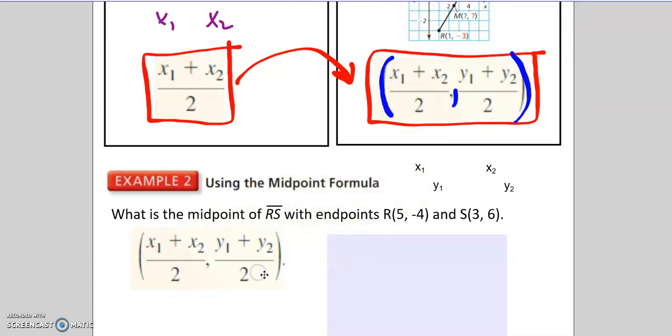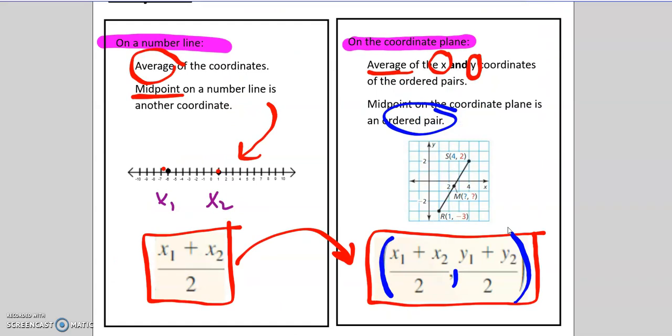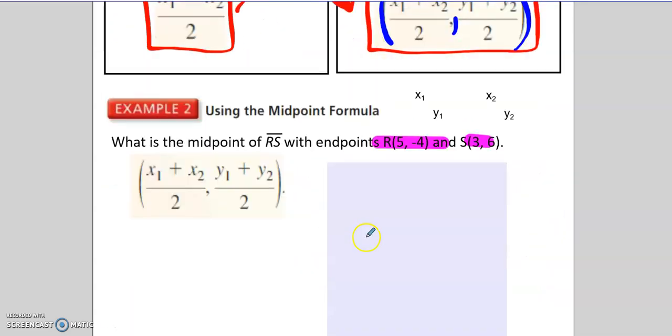I'm going to choose that one because I'm working with points, right? Notice these are points. Up here, we would just be working with numbers, like one number, whatever that number is, negative 6 and 1. Right here, I have solid points, and that's why we chose to use this formula, because I have two specific endpoints that are on the coordinate plane.